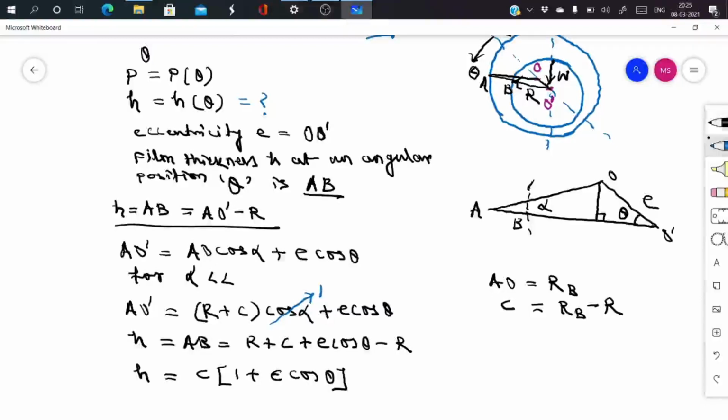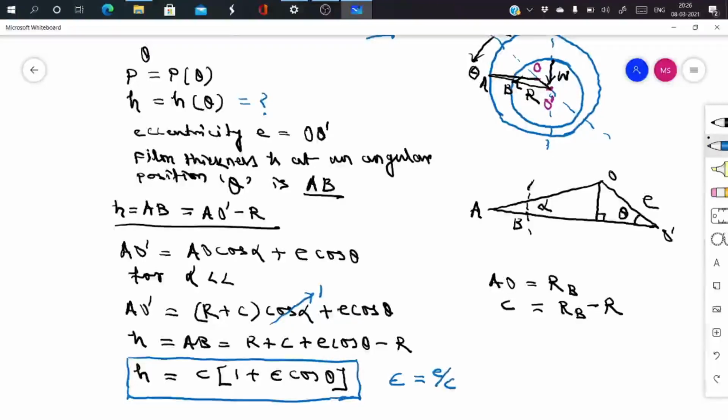This is the film thickness equation, where I have taken C common, so that epsilon becomes E by C, which is called the eccentricity ratio.